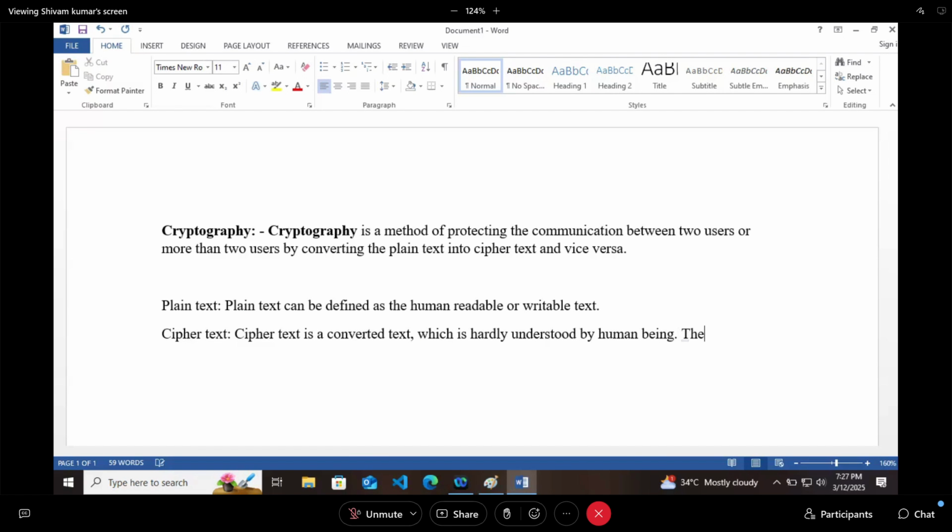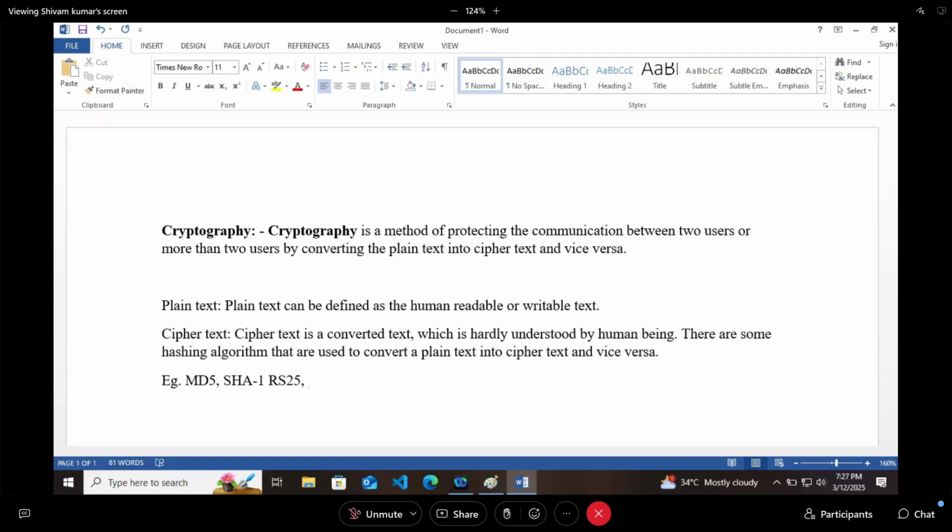There are some hashing algorithms that are used to convert a plain text into ciphertext and vice versa. Vice versa means ciphertext to plain text. Example, like MD5. MD5 is an algorithm. SHA1 is an algorithm. RSA is an algorithm.